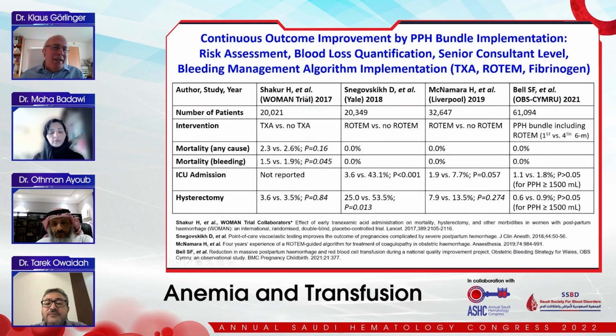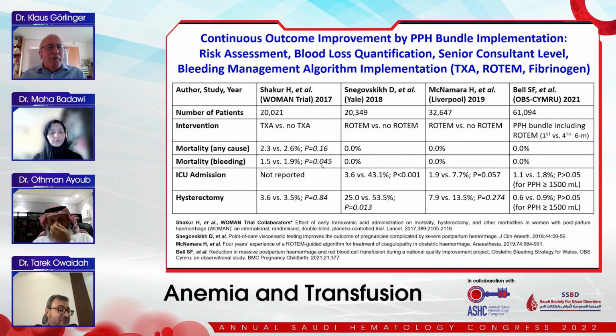And we see here first the WOMAN trial, you know, that was a study, 20,000 patients, tranexamic acid or not, mainly done in developing countries. And you see overall mortality was reduced from 2.6 to 2.3%, and mortality due to bleeding from 1.9 to 1.5%, which was borderline significant.